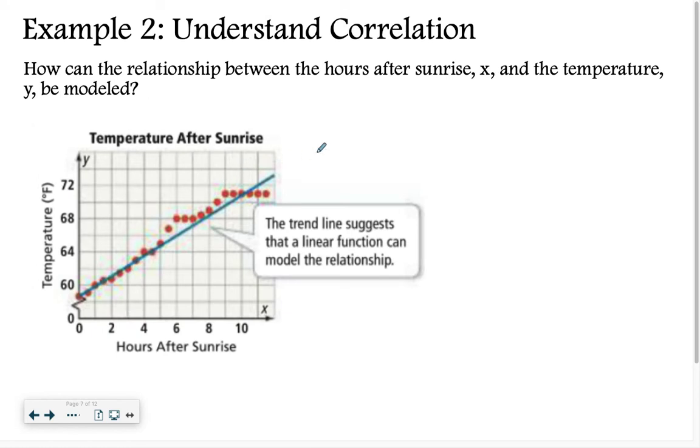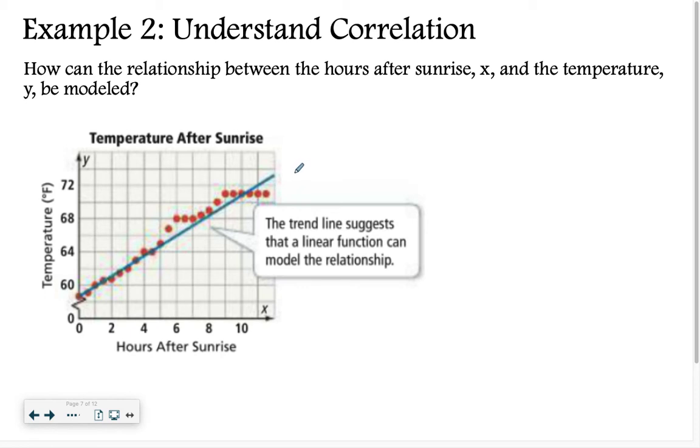All right, example 2, understanding correlation. How can the relationship between the hours after sunrise, x, and the temperature be modeled? You can see I have that same graph as before, but now there's this trend line that has been drawn into the graph.